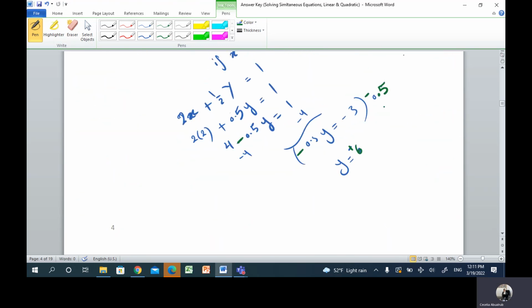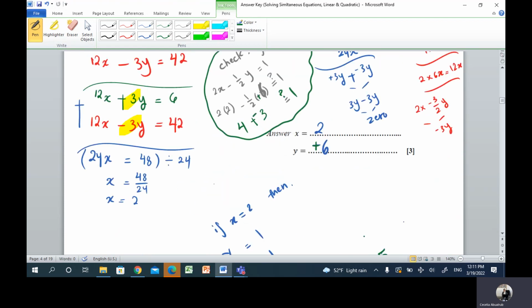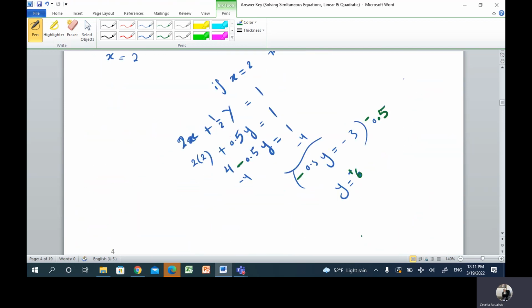Guys, I think I have a problem with the pen. So here was the original equation. Sorry about that, 2x plus half of y. The pen was erasing. So here it's plus, plus, plus. When we subtract, it will be here -3 and plus 0.5. If we divide by negative, y will come down to -6.